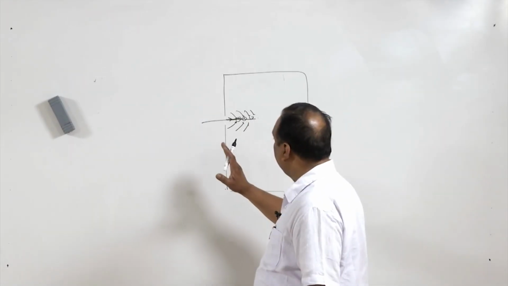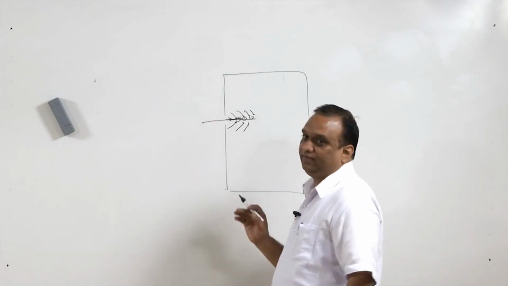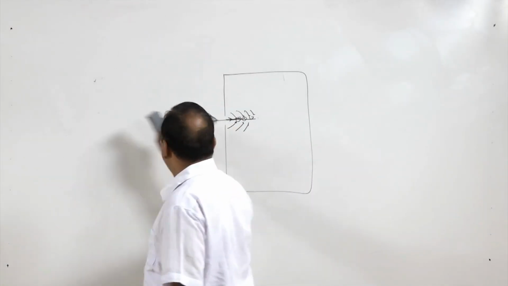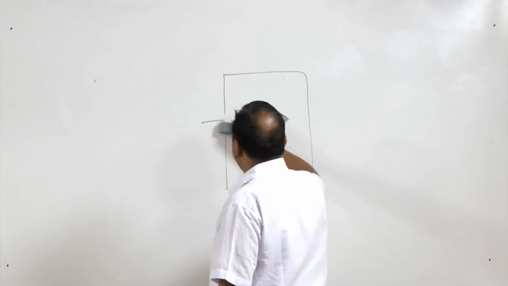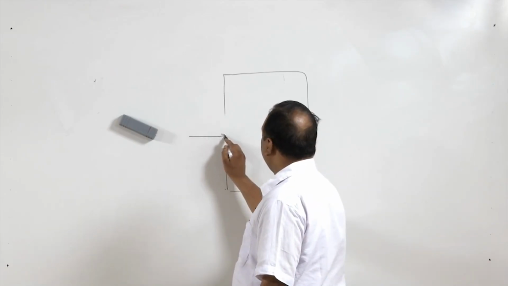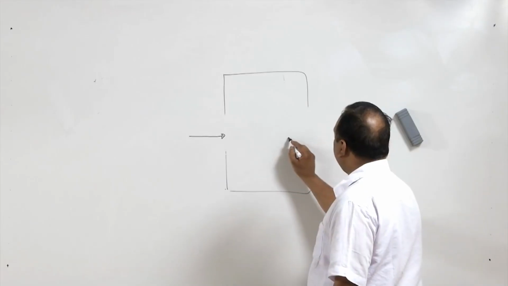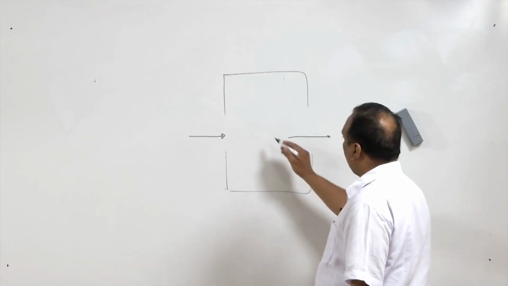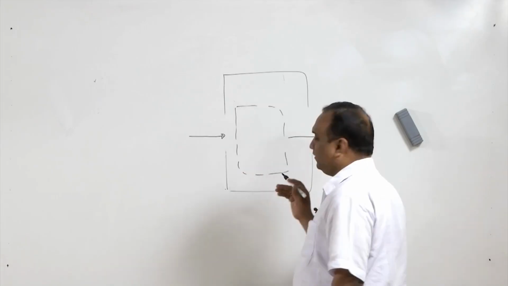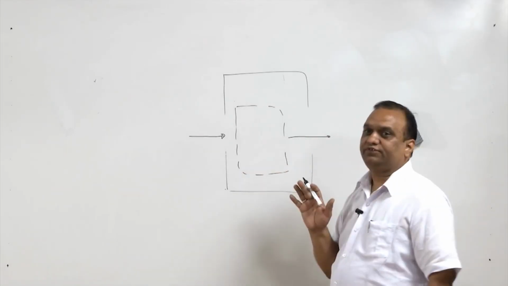Another type of ventilation is displacement ventilation. In displacement ventilation, the new air enters from this side and it displaces entire air in the room from the other side, and in ideal case it should be a piston effect.